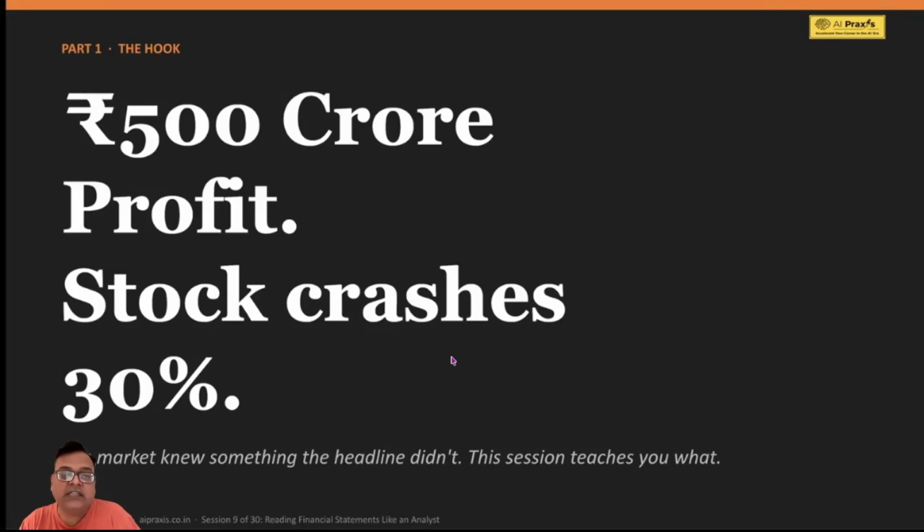Now, imagine this. Let's start with a situation that looks simple, but completely changes how you think about financial statements. A company reports a profit of rupees 500 crores. If you hear this, your first reaction is that's a great company, profitable, growing, strong. But what actually happens next is shocking.